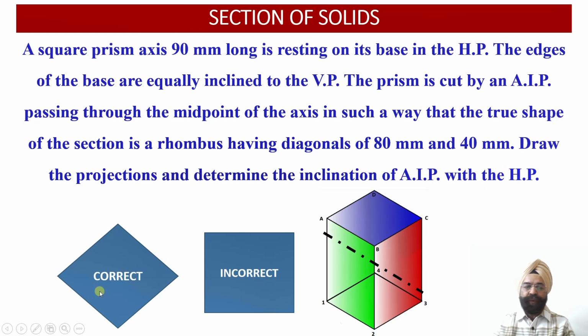So this distance will correspond to the distance between these 2 diagonal points of the square base of the prism over here. So this way we have to draw the square prism base in such a way that the diagonal dimension is 40 millimeter. So the second missing link of this problem has also been resolved over here.